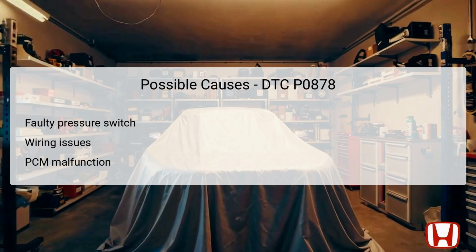Additionally, a malfunctioning PCM, often a last resort diagnosis, may misinterpret the signals from the switch, leading to incorrect operation. Each of these factors needs to be ruled out to accurately identify the root cause of the problem. During the diagnostic process, checking for poor connections or loose terminals between the switch and the PCM is essential to ensure effective transmission function.